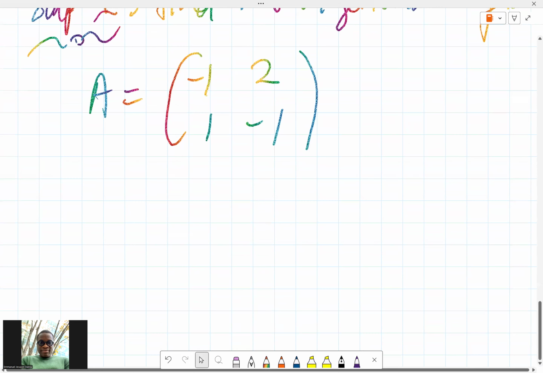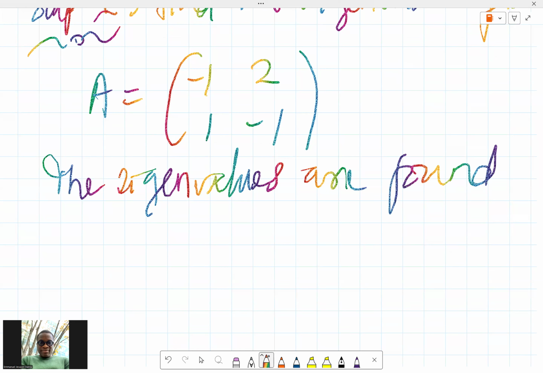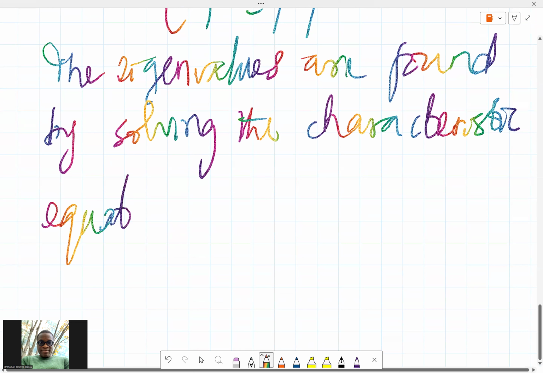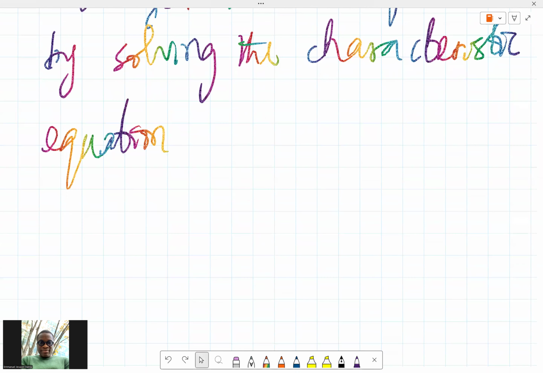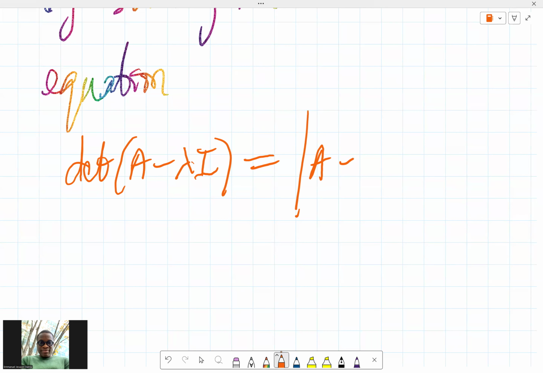The eigenvalues are found by solving the characteristic equation, which is the determinant of A minus lambda I, and this is equal to 0.